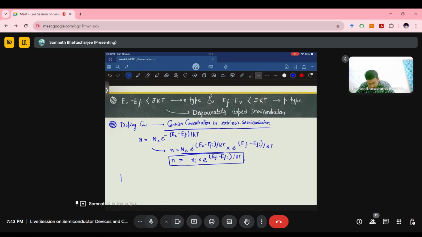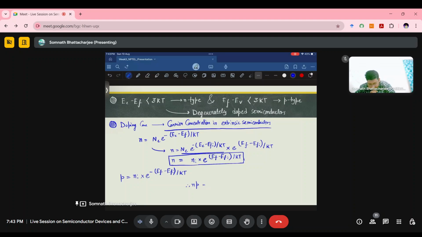Similarly, we can get the value of p, that is the intrinsic carrier concentration multiplied with e to the power of (EFi minus Ef) divided by kT. Now, if we multiply n into p, we would get ni squared.